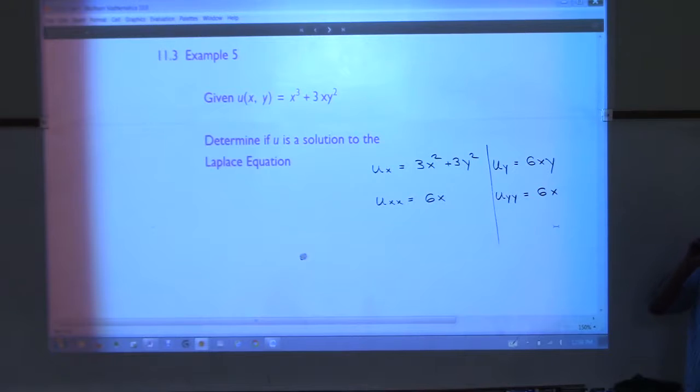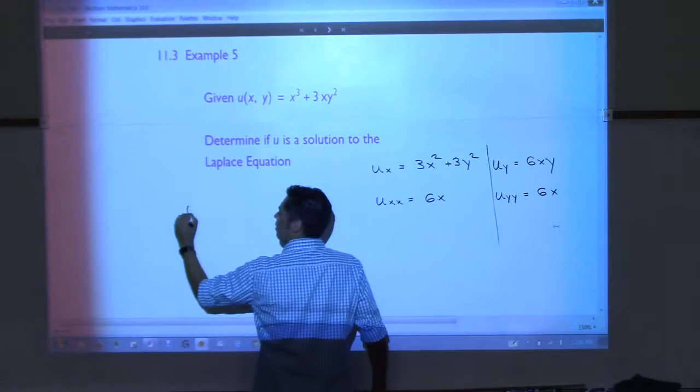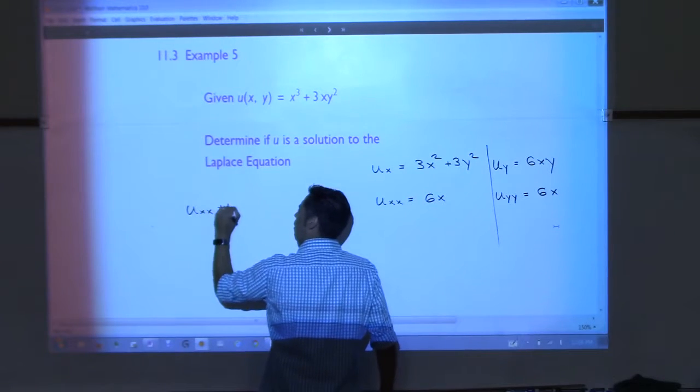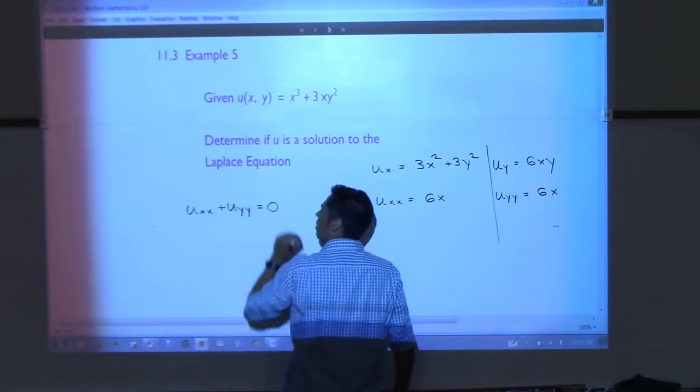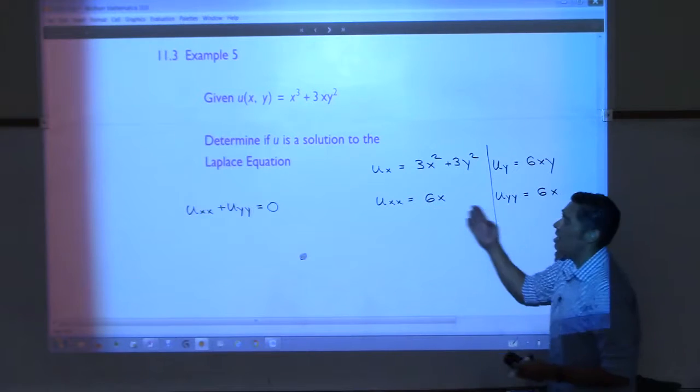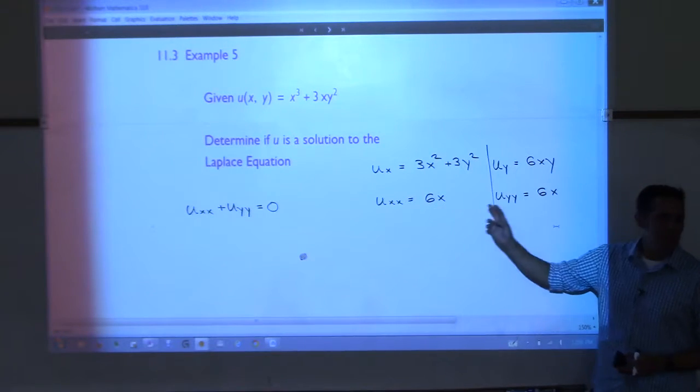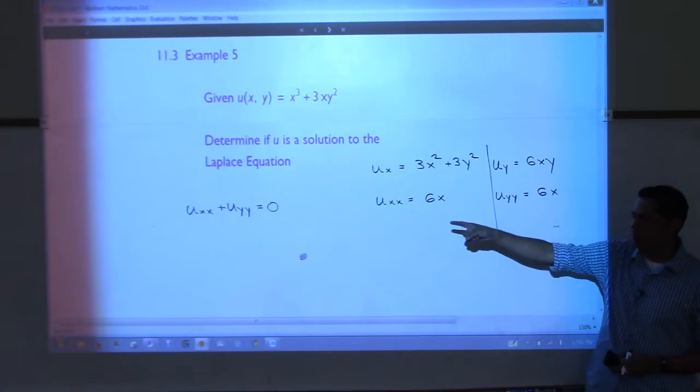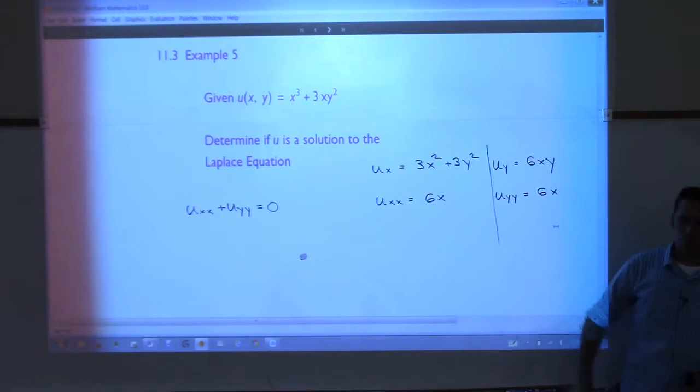Okay, is this a solution? No, the Laplace equation says uxx plus uyy has to be 0, right? So not that these are the same, but these actually have to be opposite in sign for that equation to be true. So is this a solution? No, it is not.